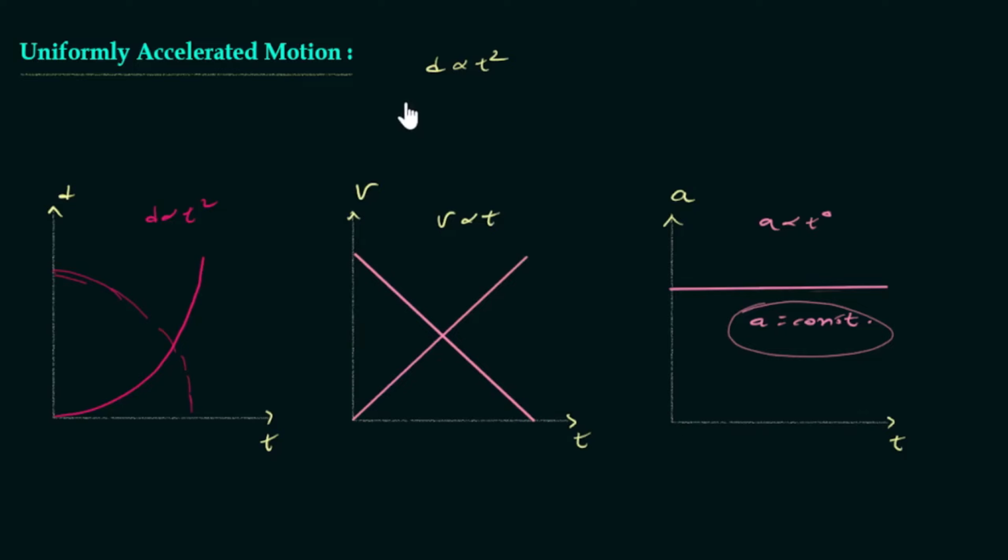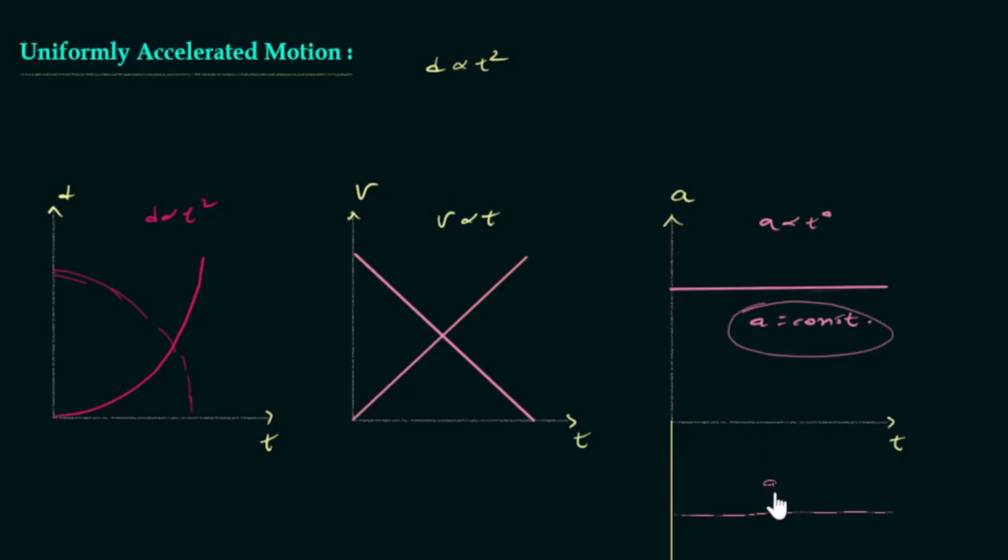And for the third kind of graph in this motion, acceleration will be negative.